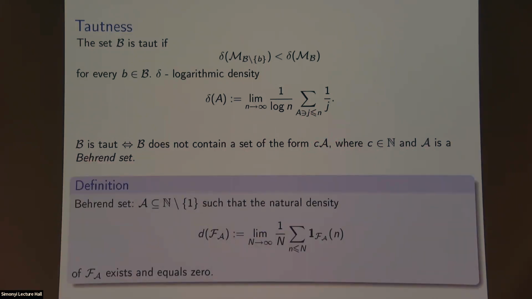And a Behrend set is a set such that the asymptotic density of A-free numbers exists and is 0. So most of the numbers are multiples of A, most in the sense of asymptotic density. In other words, tautness is equivalent to the fact that B does not contain a scaled copy of a Behrend set.